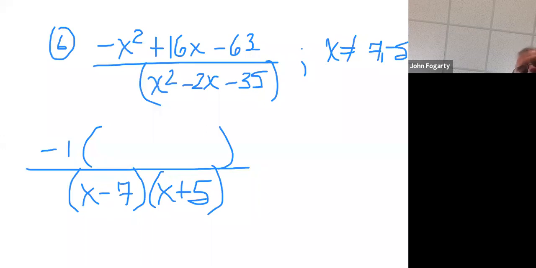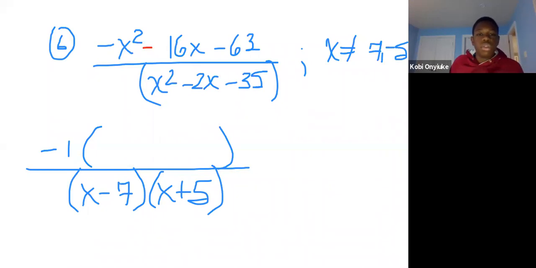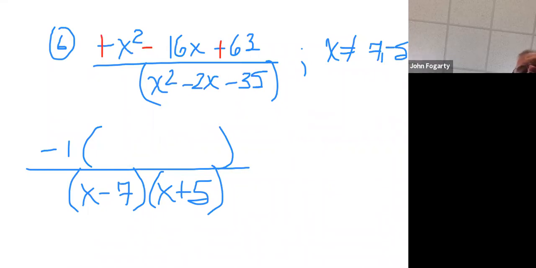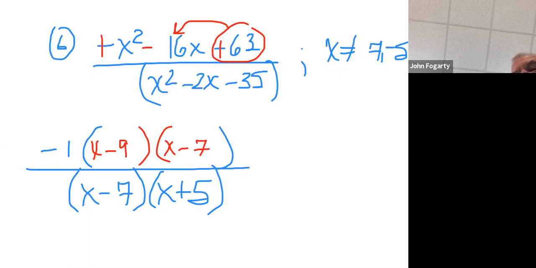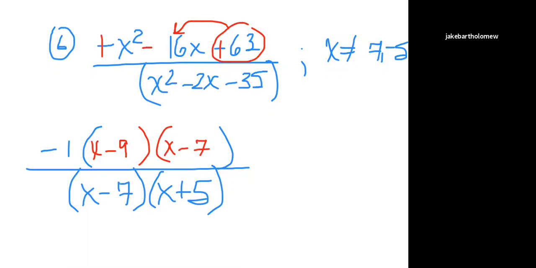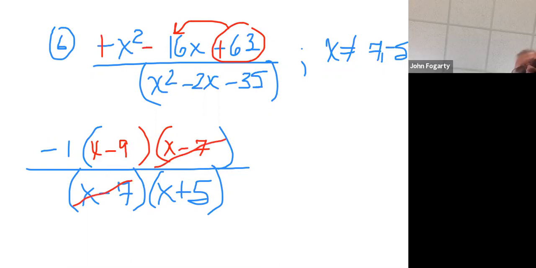So this becomes x squared minus 16x plus 63. All right, now this is easy. Give me the factors of 63 that add up to negative 16. So I'm going to go x minus 9, x minus 7. Agreed? Yes, sir. All right, and then cancel out common factors. So what do I got it simplified as? Well, I can go like this. I can distribute the negative 1.